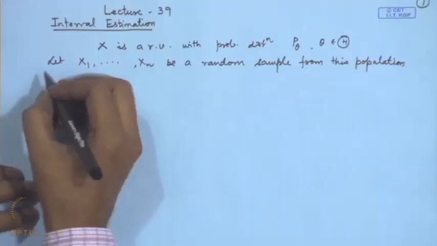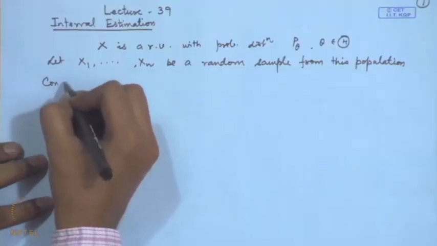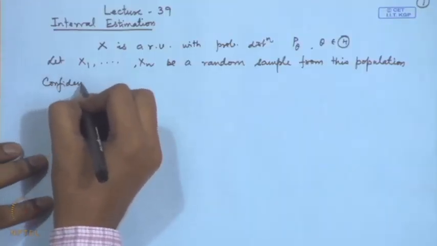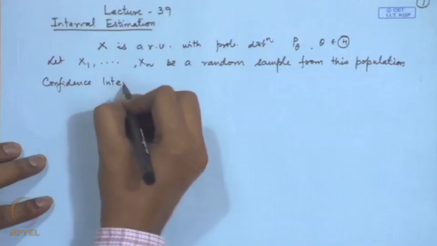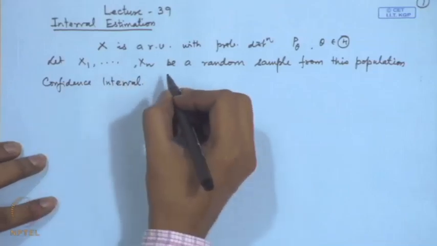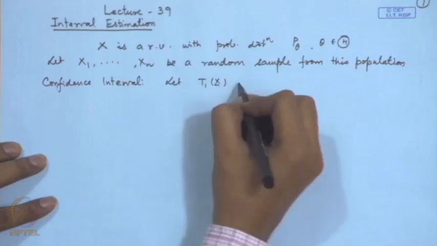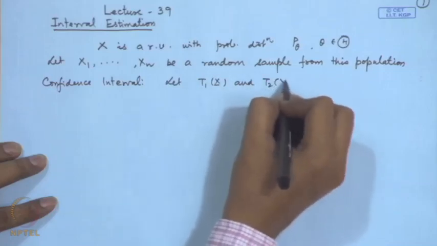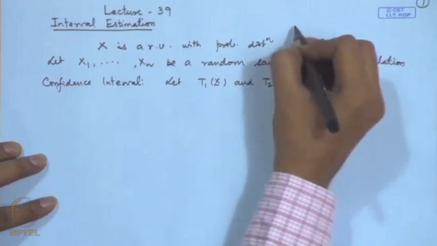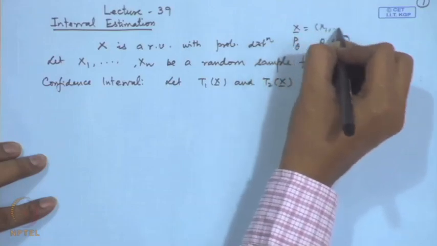Now, in statistics we handle the problem of interval estimation by associating a probability statement with it, that is called a confidence interval. So, let me introduce the confidence interval. Let us consider T1(X) and T2(X), where X denotes X1, X2, ..., Xn, the random sample.